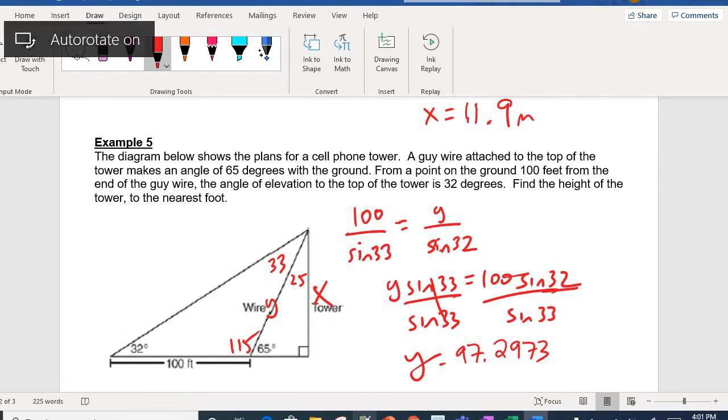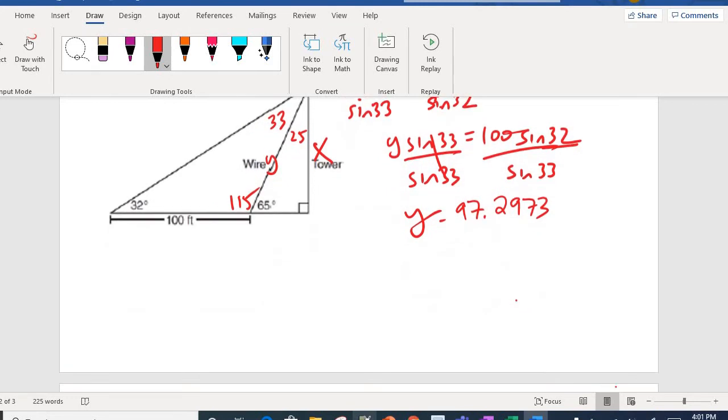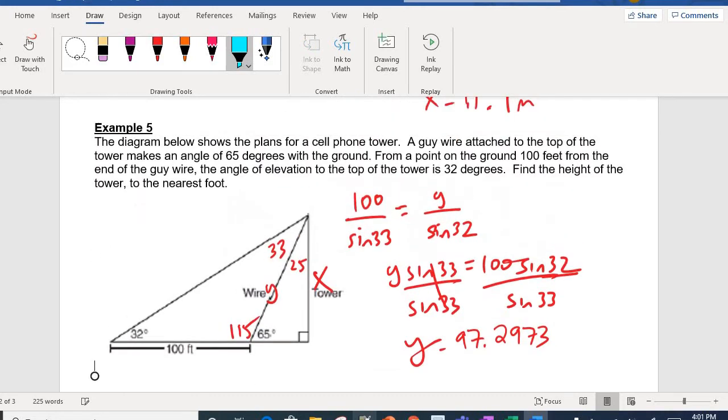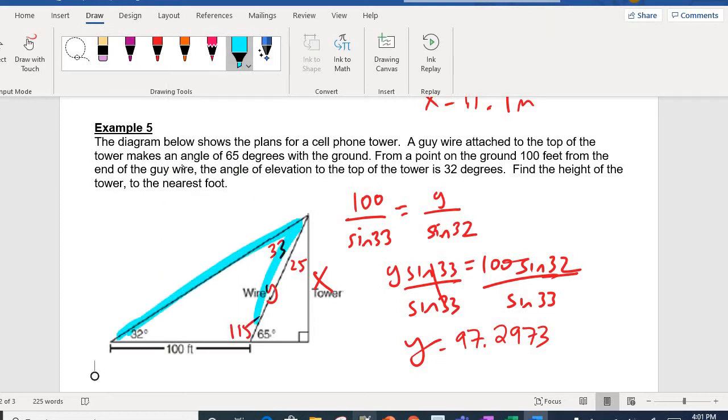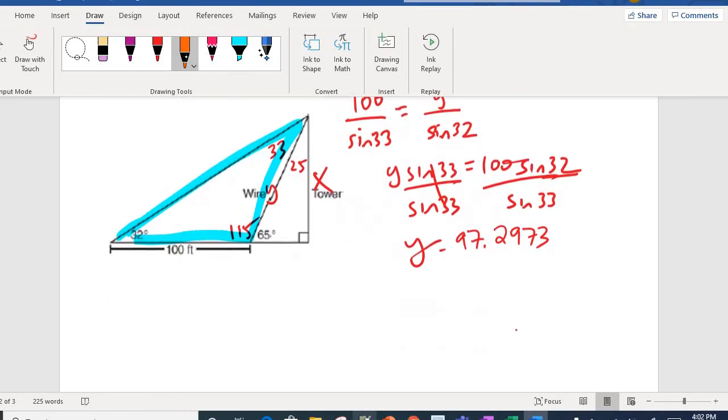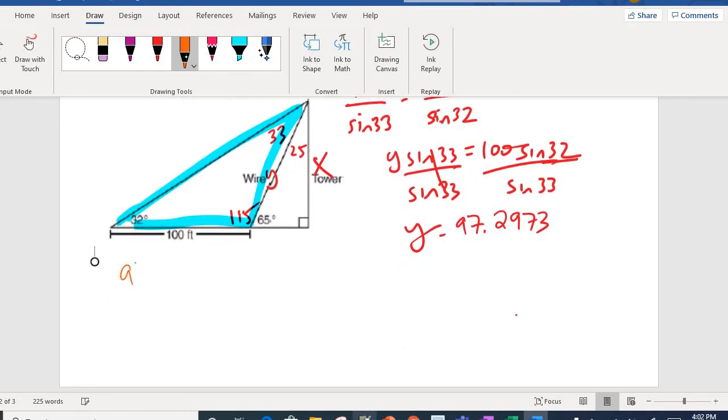Now I'm going to take that value and start moving towards the blue triangle. See this blue triangle right here? So I'm going to work with that triangle now. I'm going to take the 97.2973.